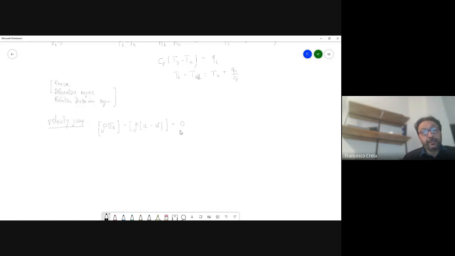So essentially, this is a jump between the burnt and unburnt quantity. So we can write it like this: rho B, etc., minus rho U, times U minus WN, equal to 0.